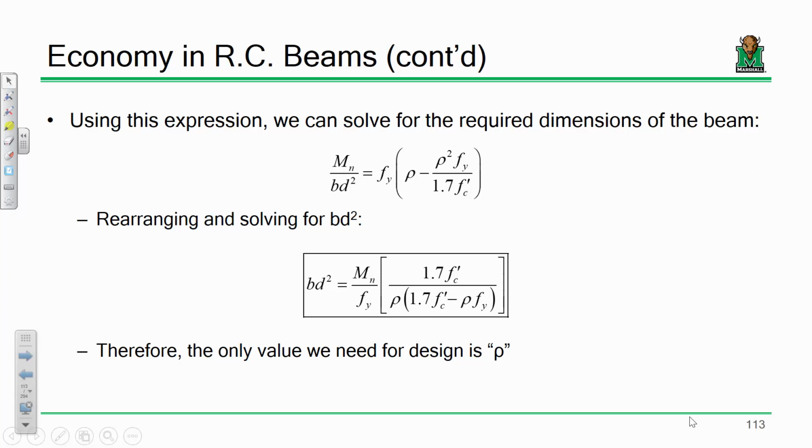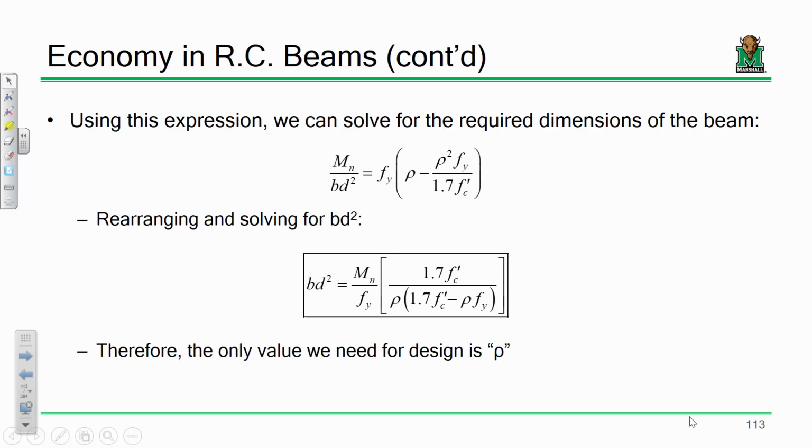And so what you see there in that box is just BD squared expressed a little more simply. Now, that equation looks complicated, but it's actually a remarkably, beautifully simple expression for design. Because what's going on in that expression? Well, I've got BD squared equals a pile of junk, okay?